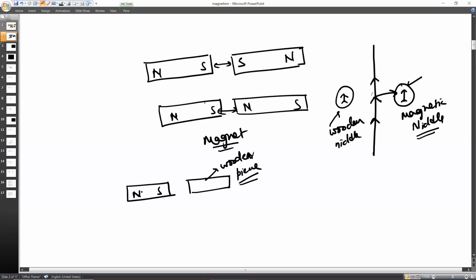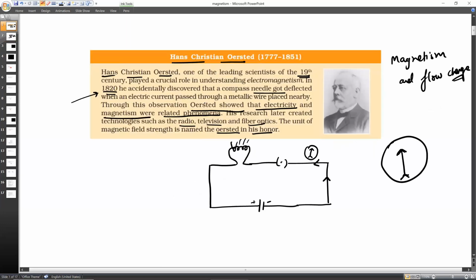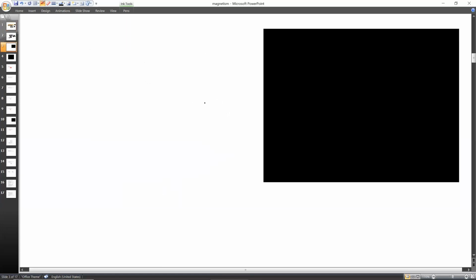Got it? Now, after the discovery that a current carrying conductor produces a magnetic field, there was a race among scientists to research what these magnetic fields look like and how they appear. So let us study this. There is the Oersted experiment.